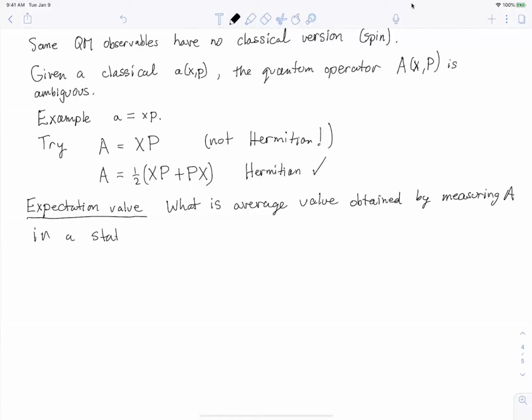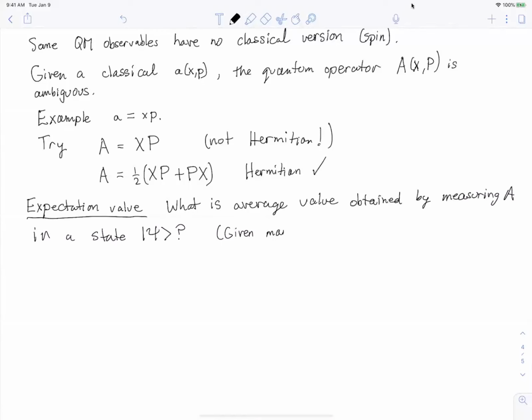So to answer this, you need both a state and you need an observable. And the way you would answer this experimentally in the real world is you'd prepare many systems in the exact identical state and do it many times and take the average.